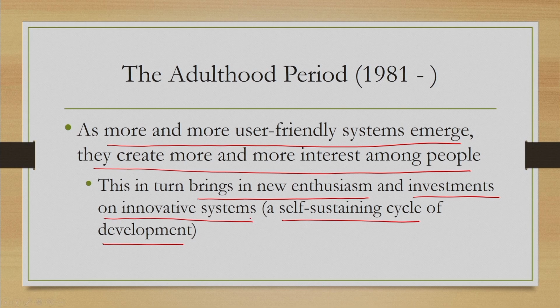So, it is a self-sustaining cycle of development. More and more applications are there that are appealing to more and more people, and the people in turn want more and more. So, more and more investment came and it continued, and it is still continuing.